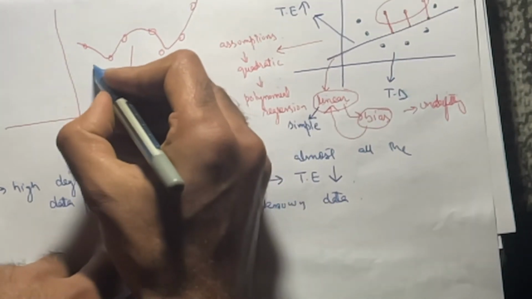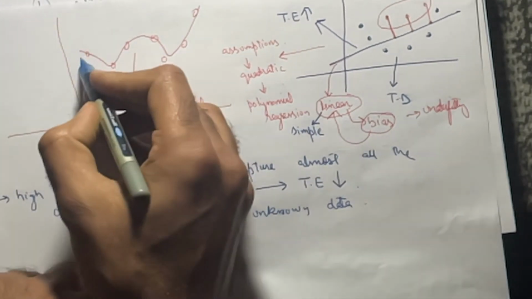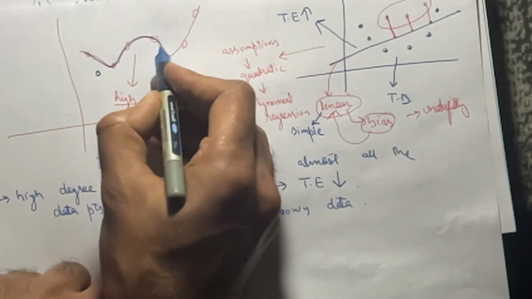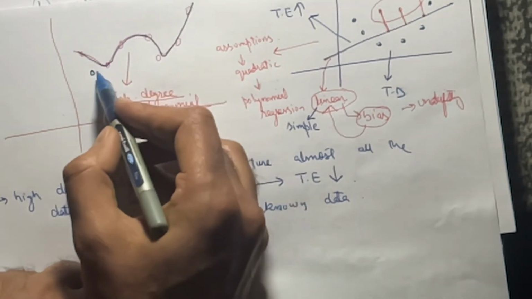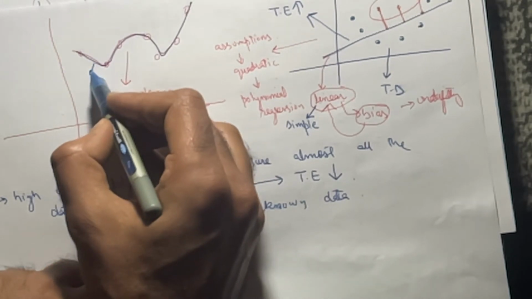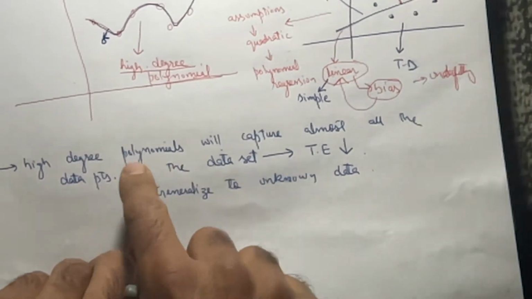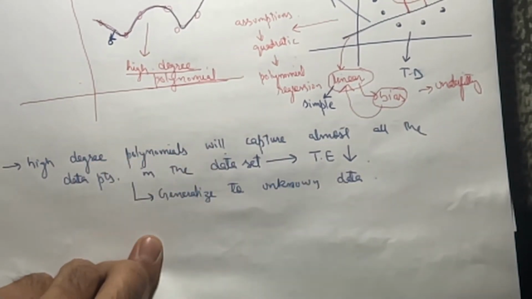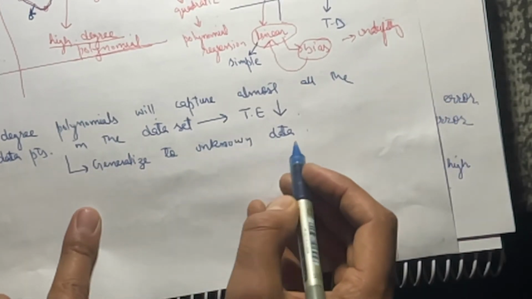Now, if there is some unknown data, it won't be able to generalize for this unknown data. So this is the problem with high degree polynomials, this kind of model. They won't generalize to unknown data.